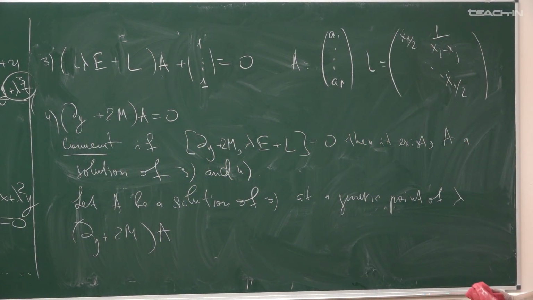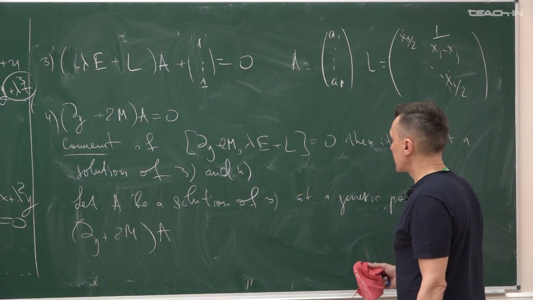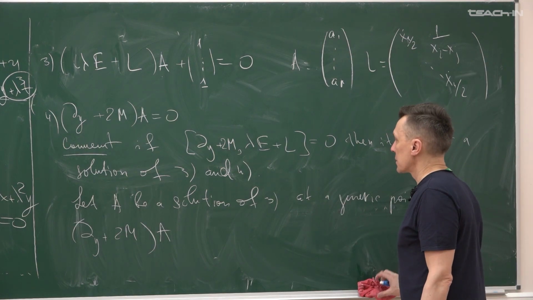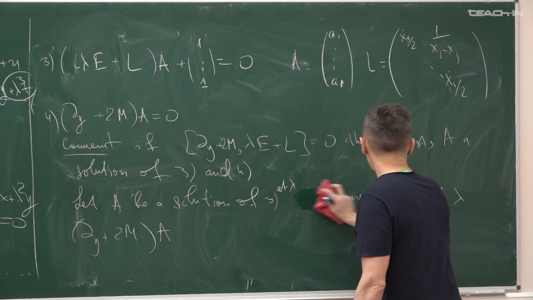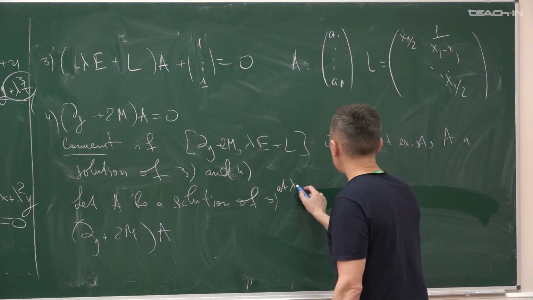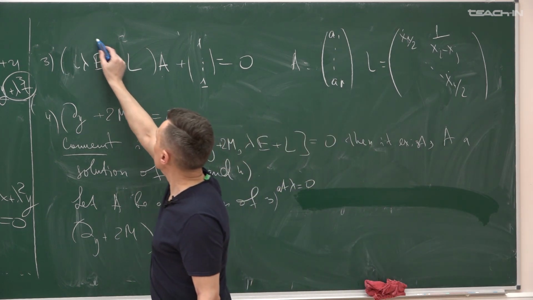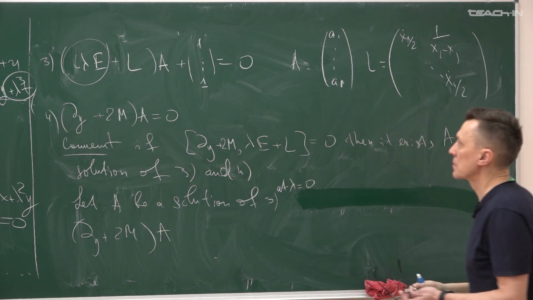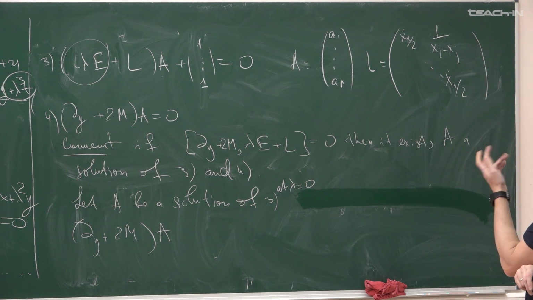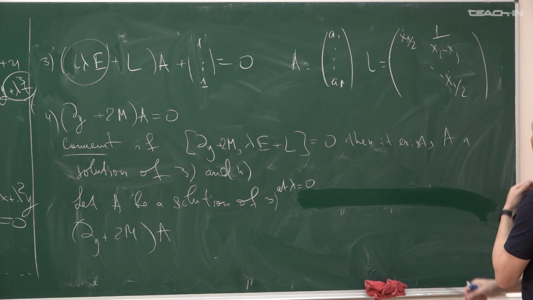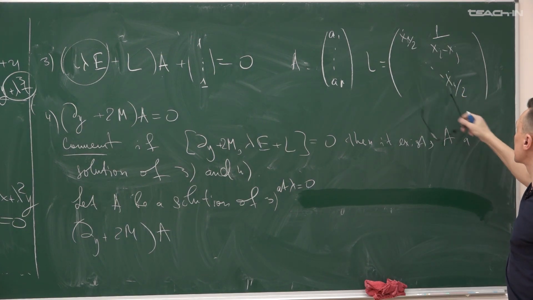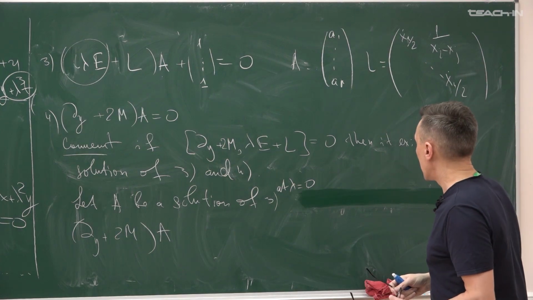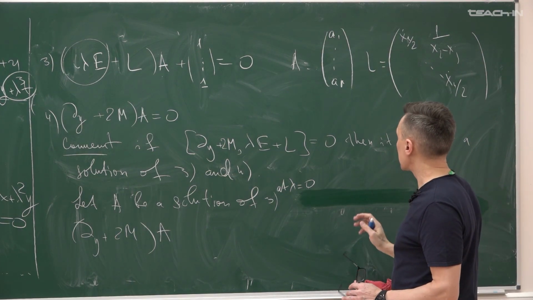Be a solution of 3, but maybe we have to fix phi at lambda equals 0. So without this part. It is more delicate, but I would like to say that for generic point of our phase space, it should be an invertible matrix. So let us skip this formal question.